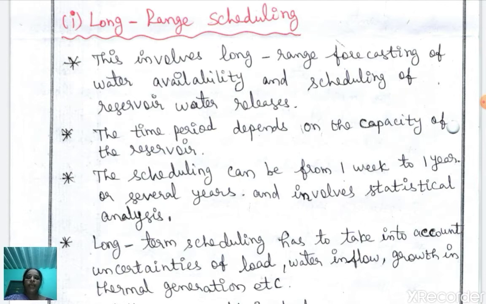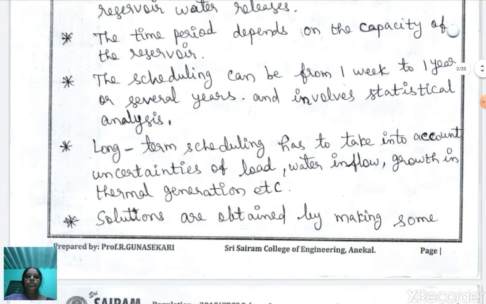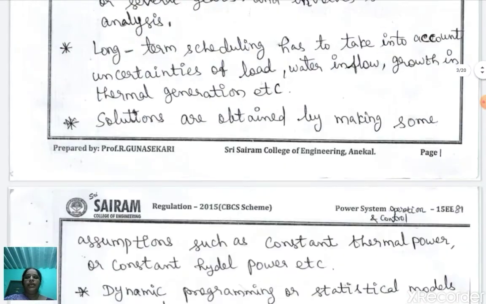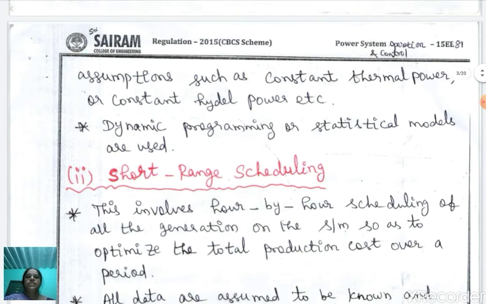Long-term scheduling has to take into account uncertainties of load, water inflow, growth in thermal generation, etc. Solutions are obtained by making some assumptions such as constant thermal power or constant hydel power. Dynamic programming or statistical models are used.